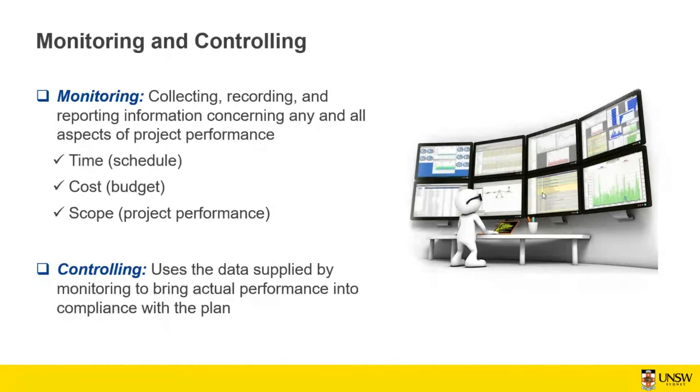The controlling phase happens at the same time as monitoring. If, for example, you are running over time or the cost has increased compared to the planned budget, you'll take some actions to get everything back on track.